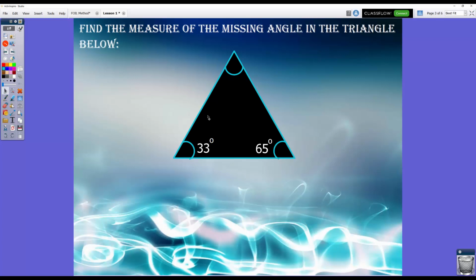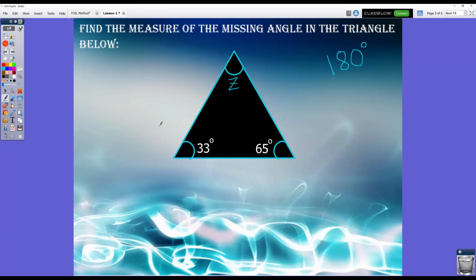As I just mentioned, and as we reviewed last week, when you add all three angles of a triangle together, you will always get a total of exactly 180 degrees. So when we look at this triangle here, I know this angle is 33, this angle is 65, and this angle is missing, so we'll call it, let's say Z, just to be different.